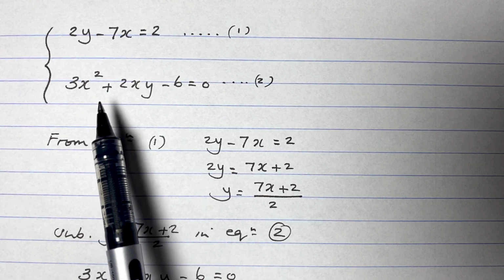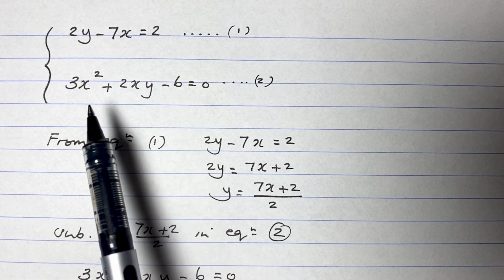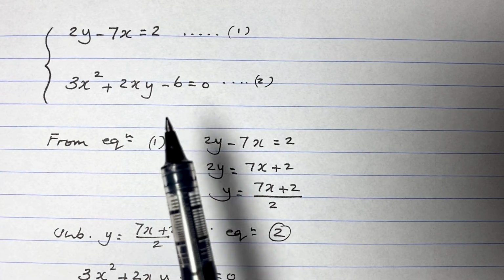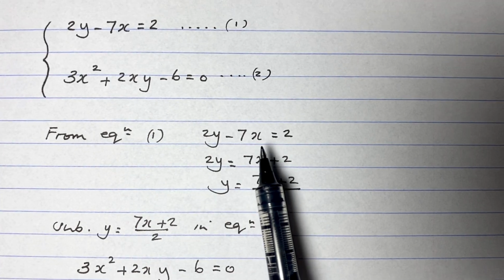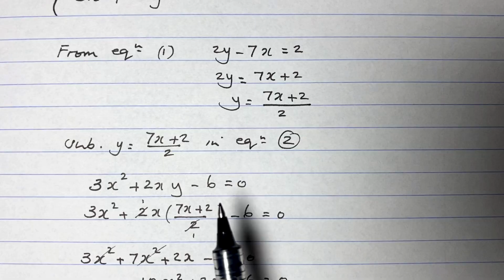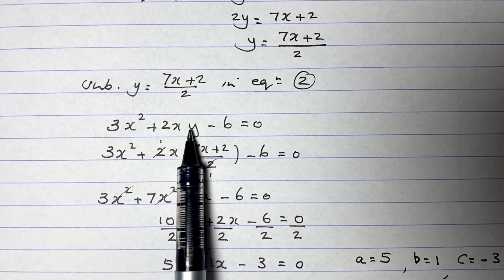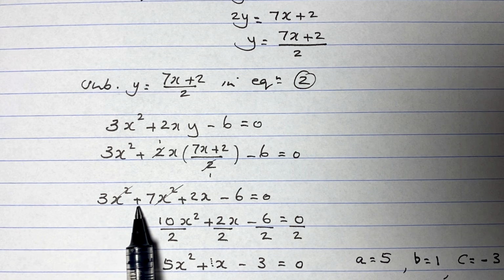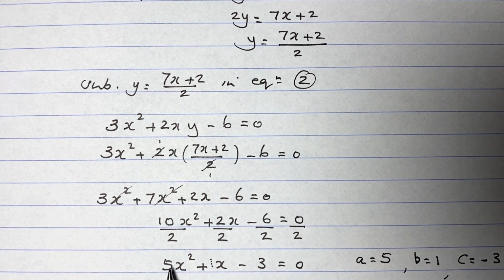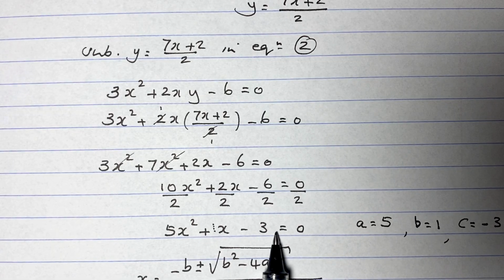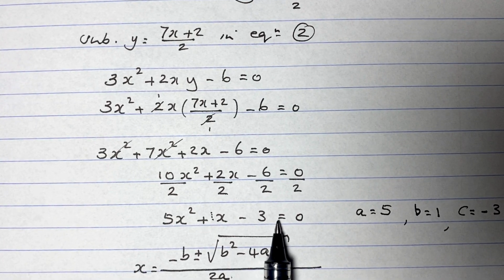Could be the equation of a circle, could be parabolic, could be hyperbolic, it doesn't matter. The technique would be to replace one of the letters, so you end up with an equation in terms of just one letter. Here the y has been replaced, and I ended up with an equation which is just in terms of x.